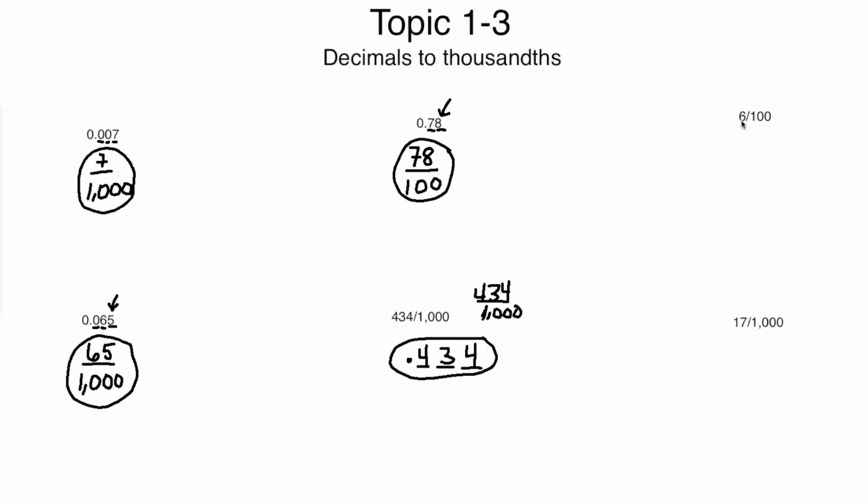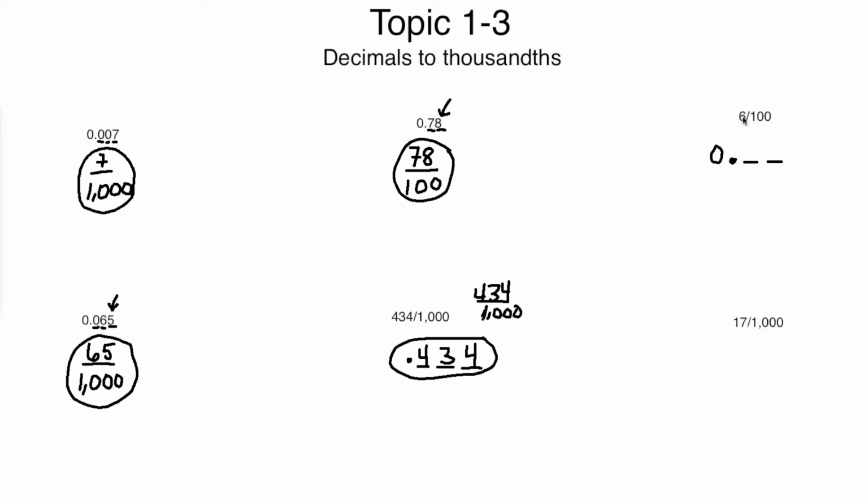Go ahead and push pause and see what you come up with as 6 divided by 100 or 6 over 100 as a decimal. All right, so let's write a decimal. A lot of people like to put a 0 in the ones place. I don't, but you can if you want, because that 0 has no value. All right, so we have tenths and we have hundredths. Now this is called 6 divided by 100.